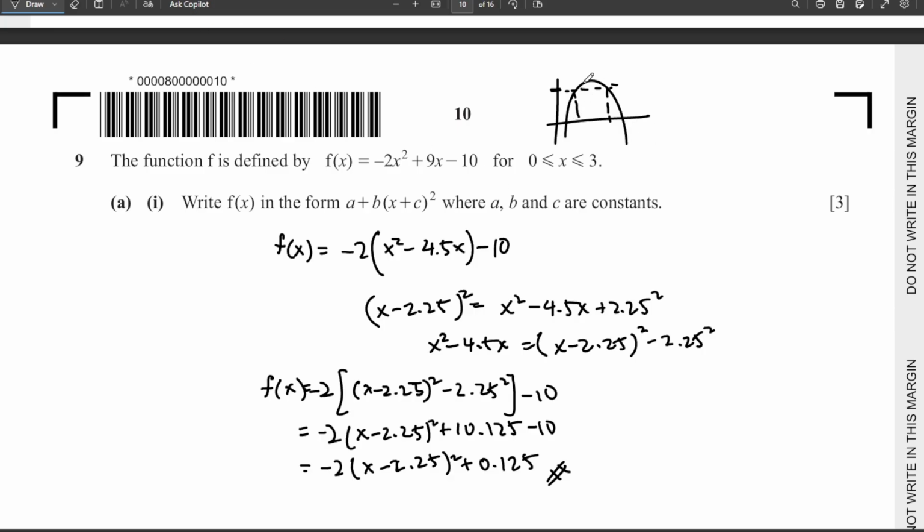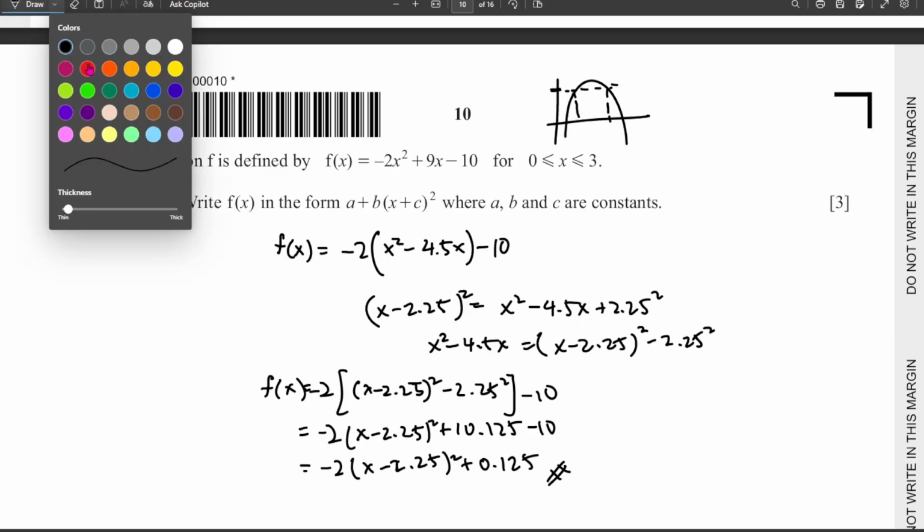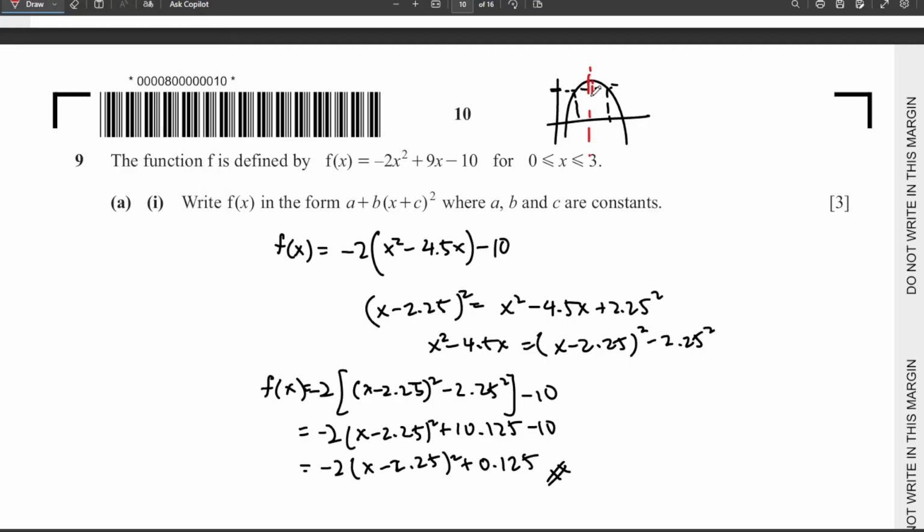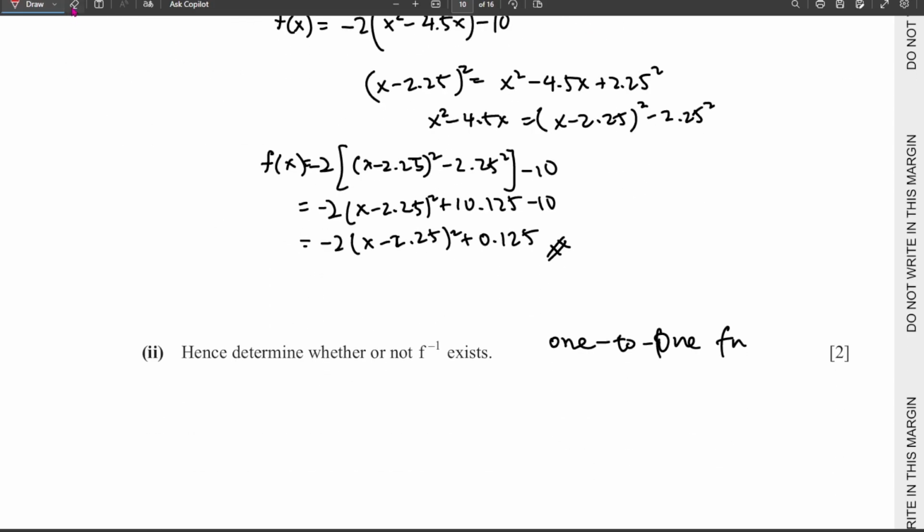To restrict it to be a one-to-one function so that it has an inverse, what they sometimes do is cut it down at the symmetry point or the turning point. So in this case, our turning point or stationary point is 2.25 and 0.125.